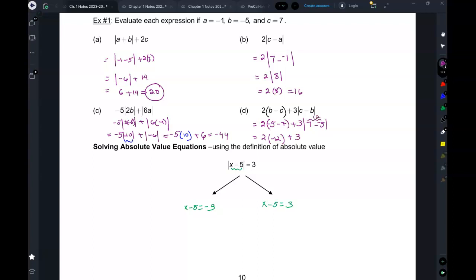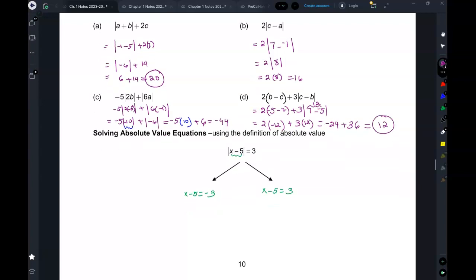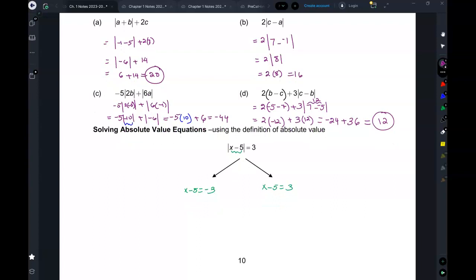Will it come out as positive or negative 12? Positive 12. So here I have 2 times negative 12, negative 24, plus 3 times 12, 36, which is 12. Okay, questions?